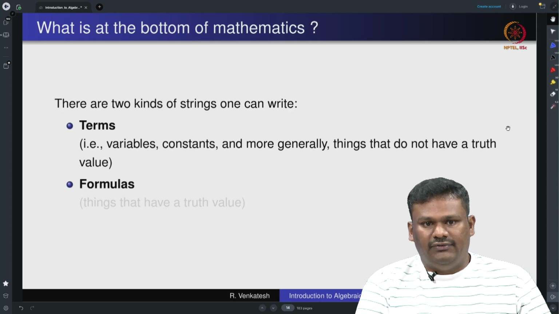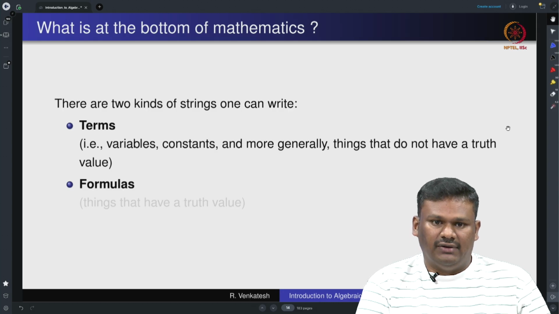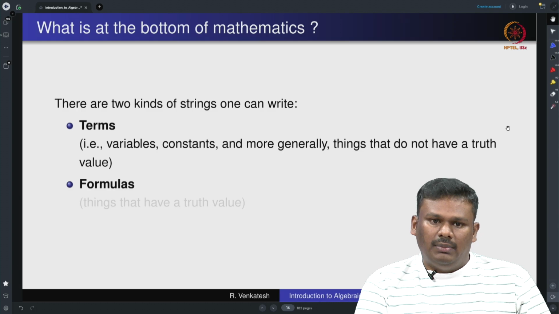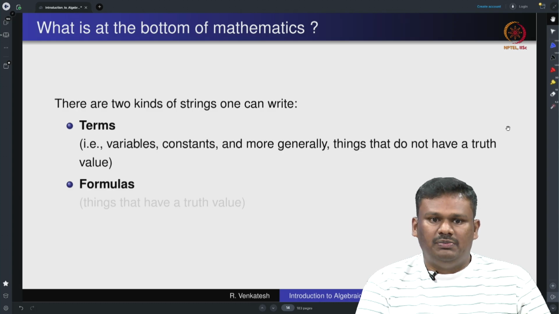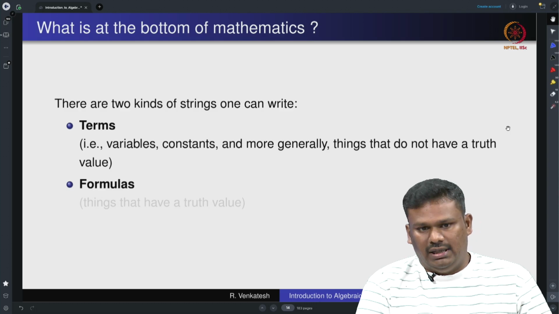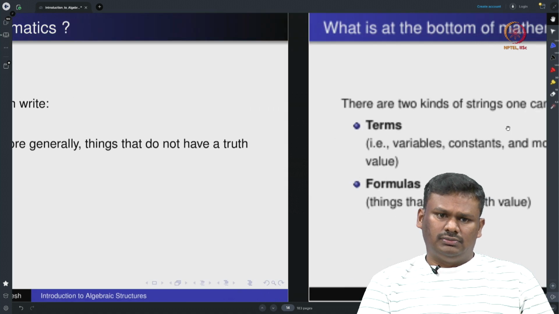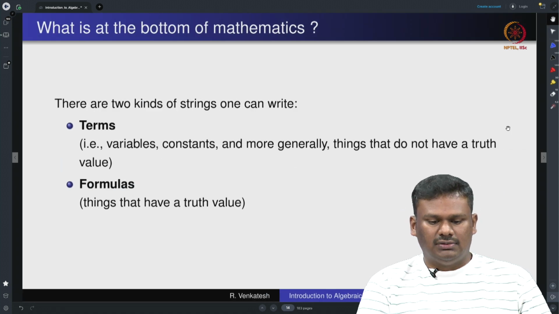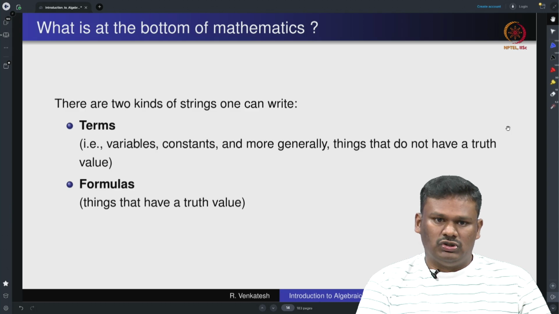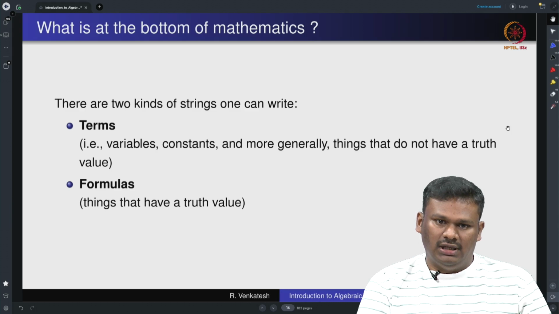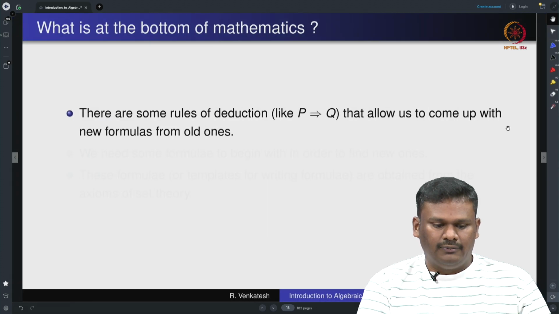The term, the variable, for example x1, does not have any truth value, but if we say that (a plus b) whole square equals a square plus b square plus 2ab, that has a truth value, because it is true for all real numbers a, b, for example. So, like I said, the first is terms, which have no truth value, and the second is formulas, which have a truth value.